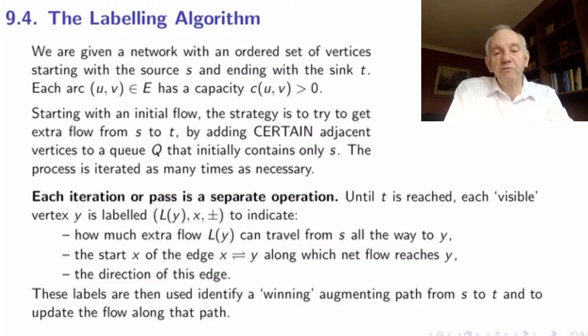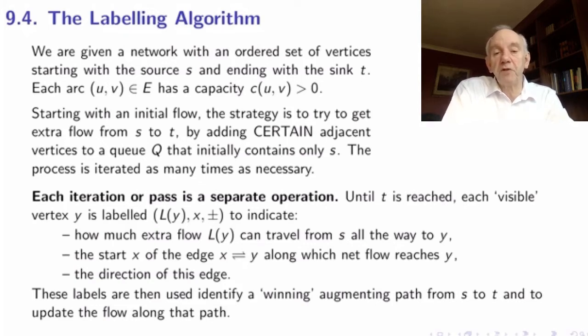Now, during this process, what happens is this. We start with the source, and then we form a queue. Starting from the source, we start adding vertices. So typically it might start S, A, if A is visible, B, C, and so on. Once we get to a certain vertex, we start looking at adjacent vertices.